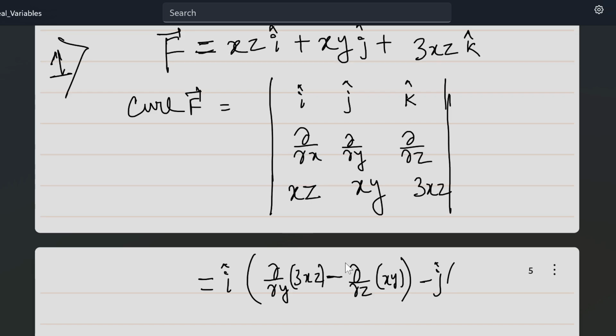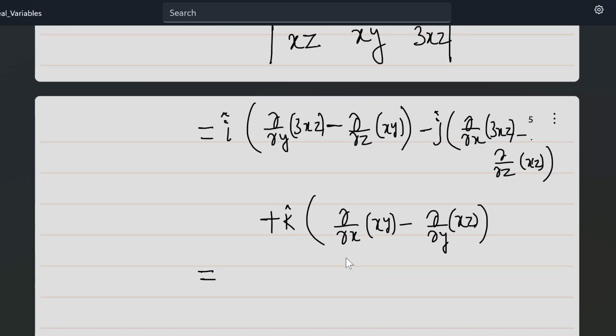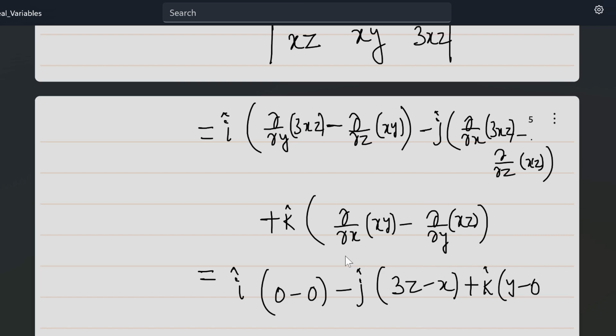Minus j into del x of 3xz minus del z of xz. Okay. So what is this? i into 0 minus j into 3z minus x plus k into y minus 0.